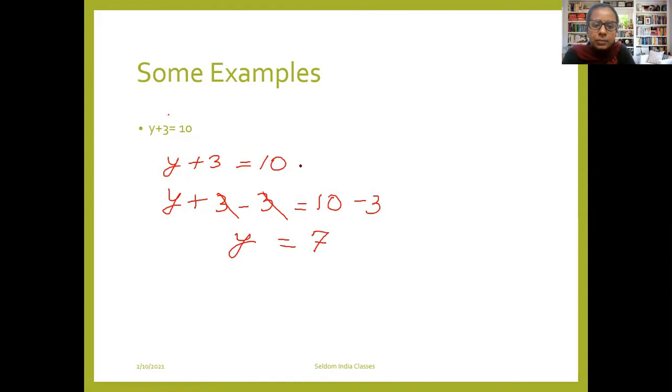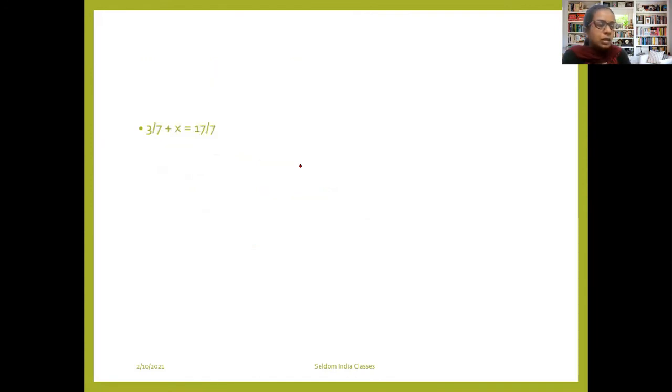Moving to our next example, 3 by 7 plus x equals 17 by 7.